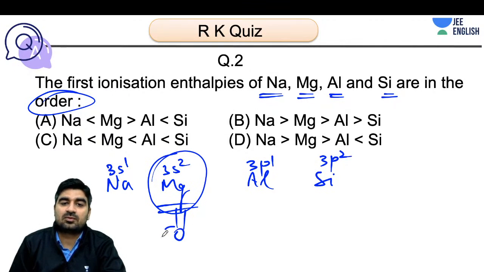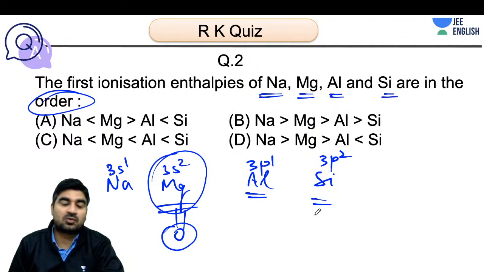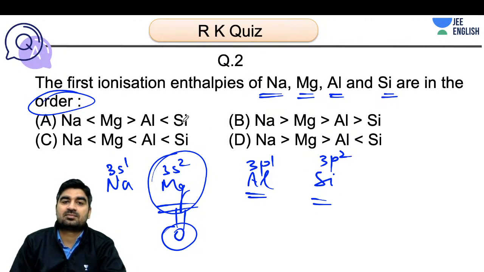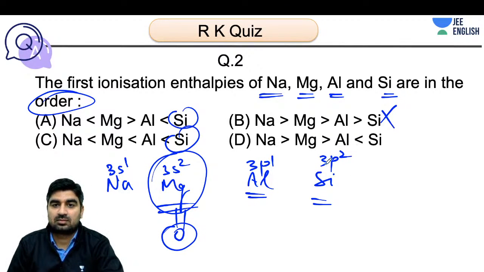Magnesium will have zero or least, and then it increases from left to right. So how will you answer it? Just look where magnesium is having the least value, silicon is having maximum. In silicon and aluminum, silicon, then we have aluminum.